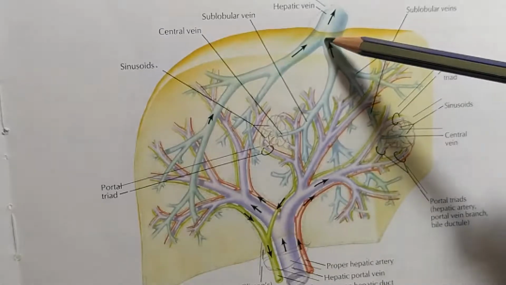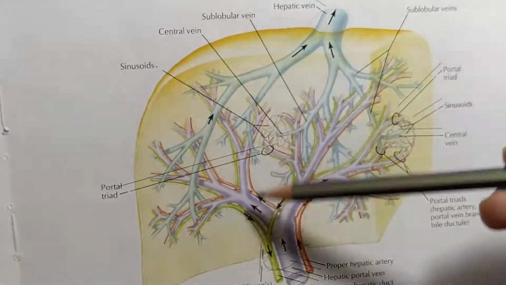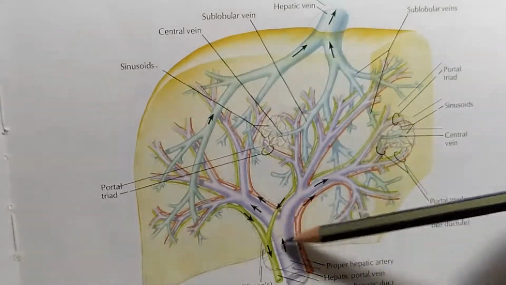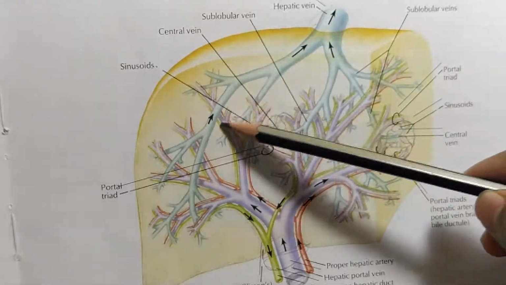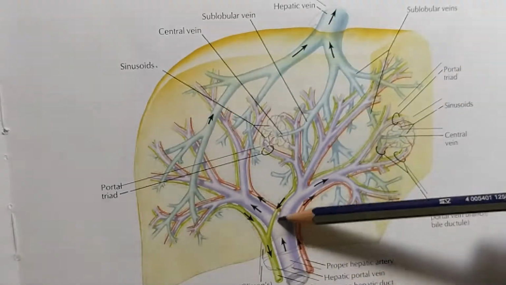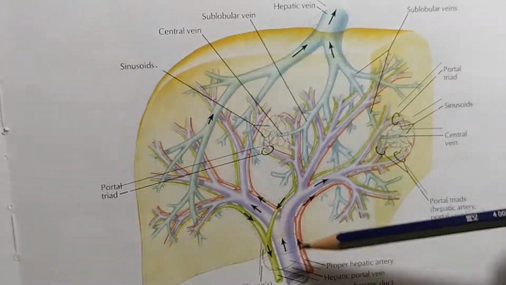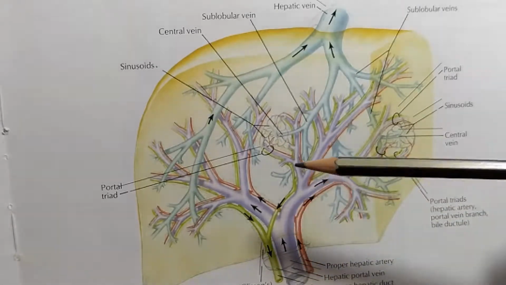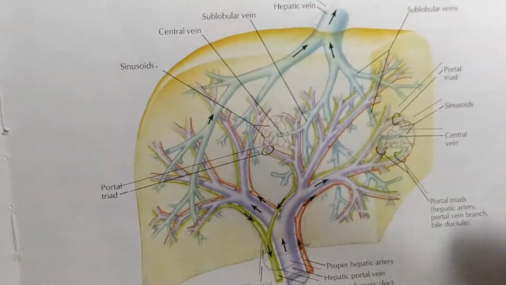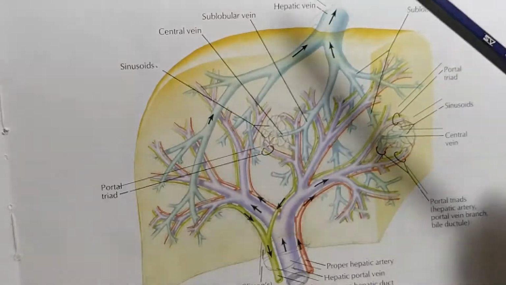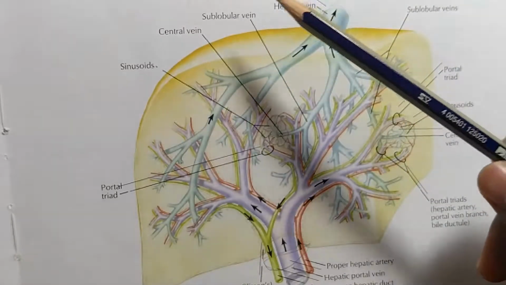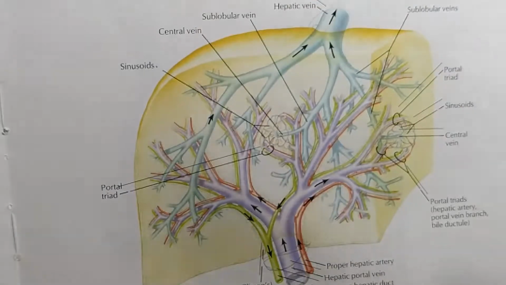Okay, this is also a vein, this is also a vein, but the color is different. This is the systemic and this is the portal. As a rule, we have two portal systems in our body. One is the hepatic portal system, another is the renal portal system.